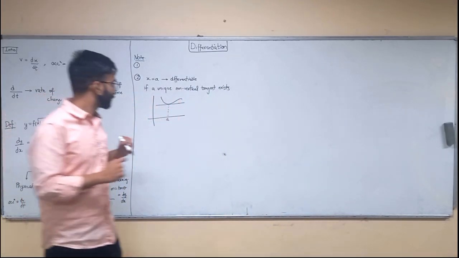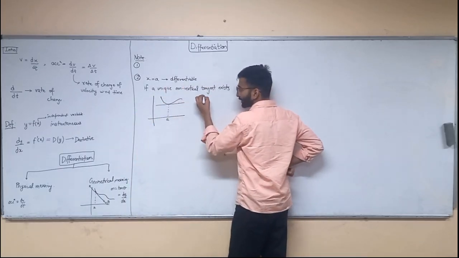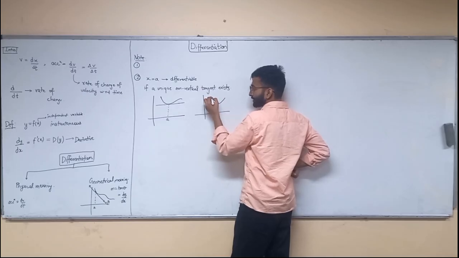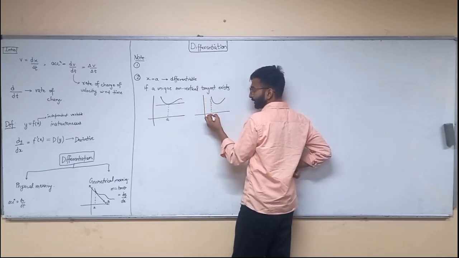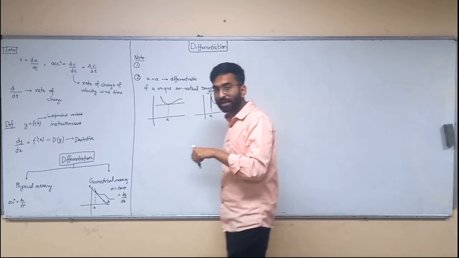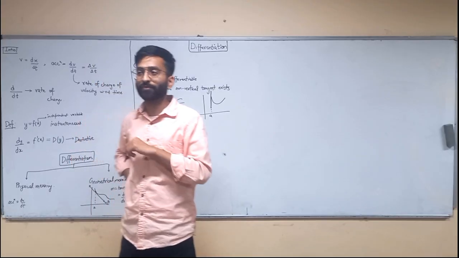So what if I want to find the tangent at this point A, and the tangent is like this, a vertical line? And what is the slope of the vertical line? Yeah, tan theta is not defined.